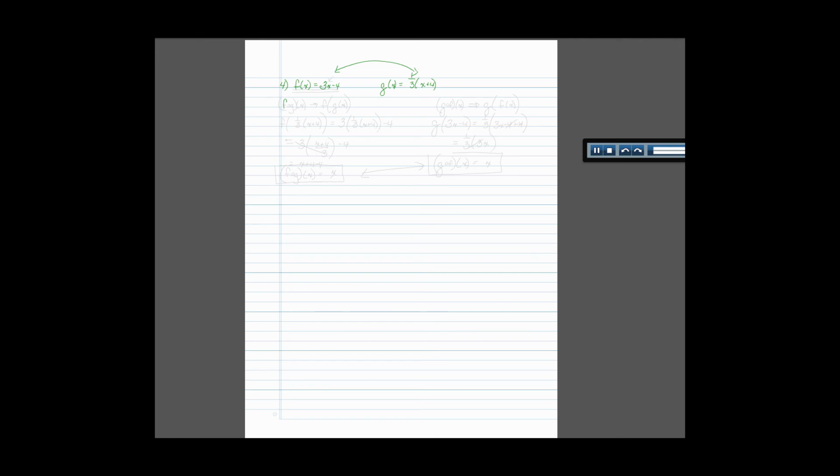But we first need to find f of g of x, and then we're going to find g of f of x. Okay, f of g of x means f of g of x, write it just like I did, which is f of, now go put g of x in there, 1/3 x plus 4.